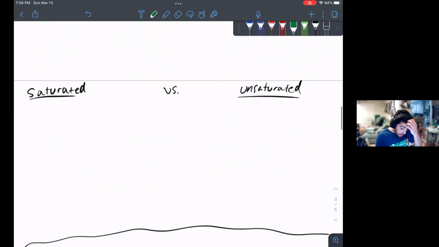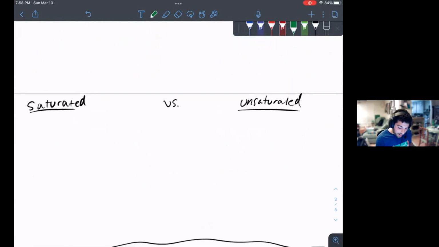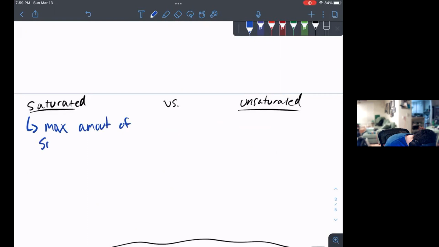All right. Coming up on our last two terms, saturated versus unsaturated. Again, you can already notice all these terms are just kind of inverses of each other. Saturated is the max amount of solute in a solvent.